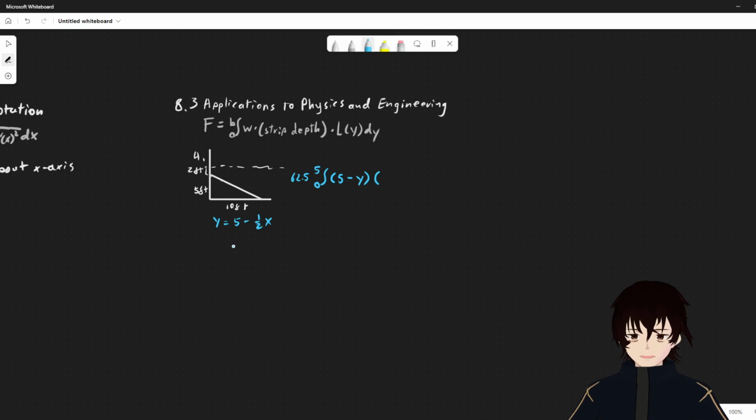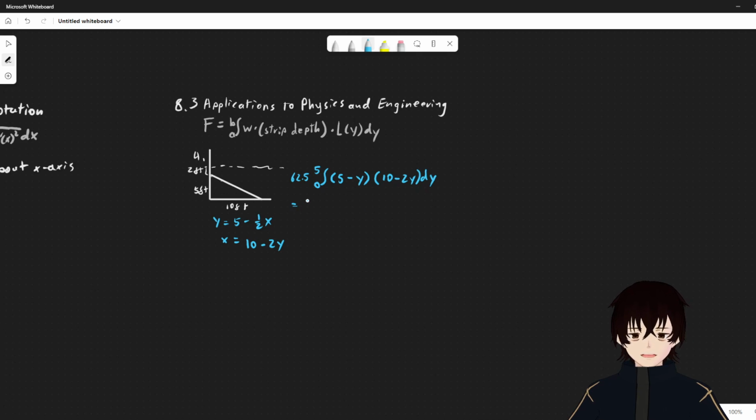So if we want everything in terms of y, that would be x is equal to 2y plus... wait a second. No. 10 minus 2y. Yeah. Am I doing this right? I sure hope I am. But yeah. y is 5, x is 0. Good, good. So then we got 10 minus 2y dy.